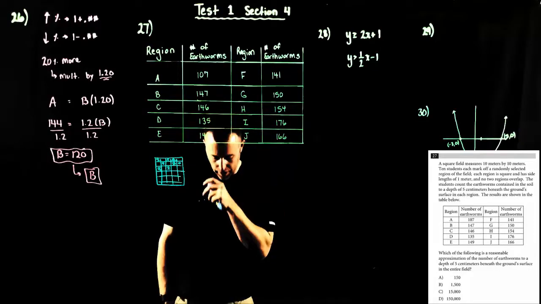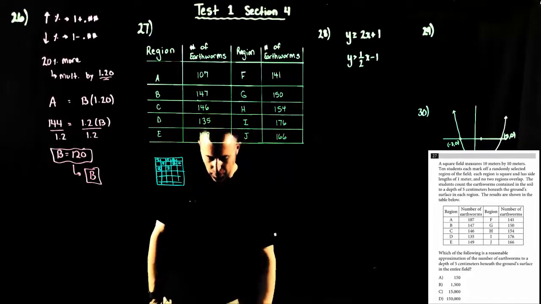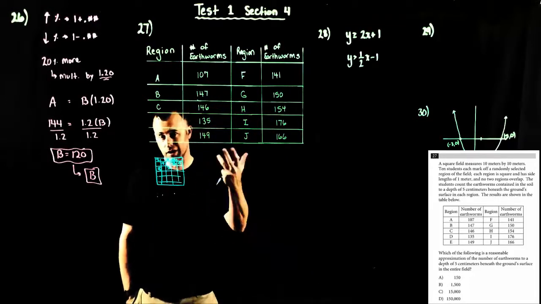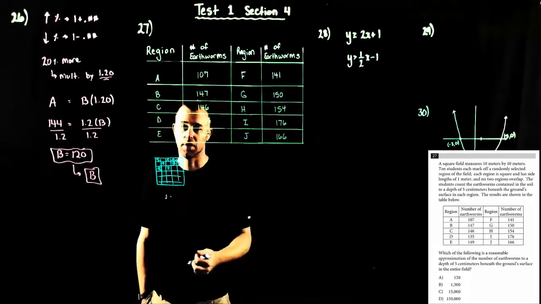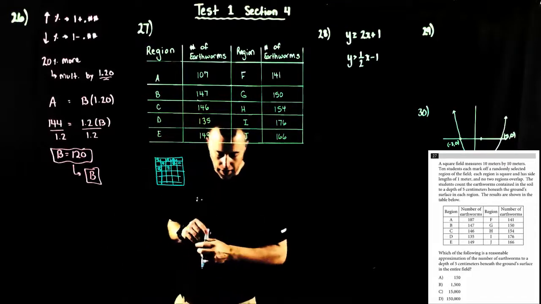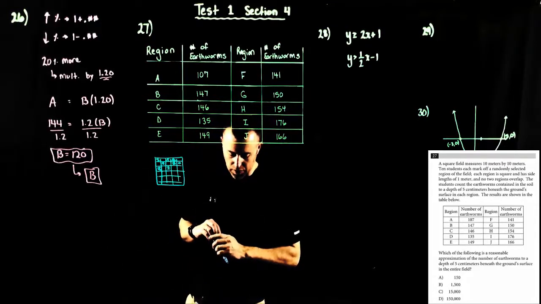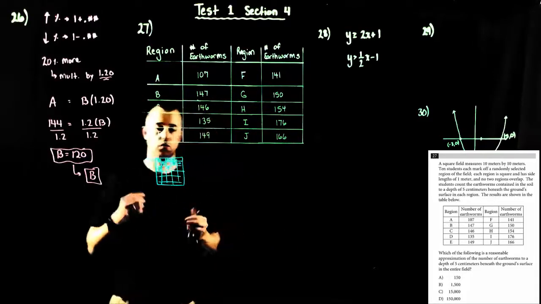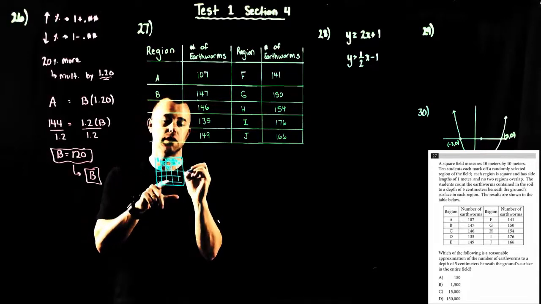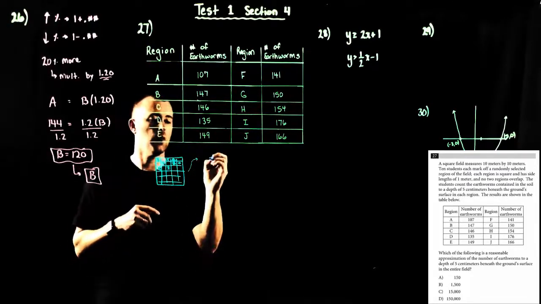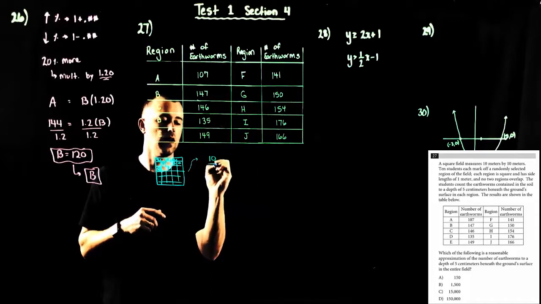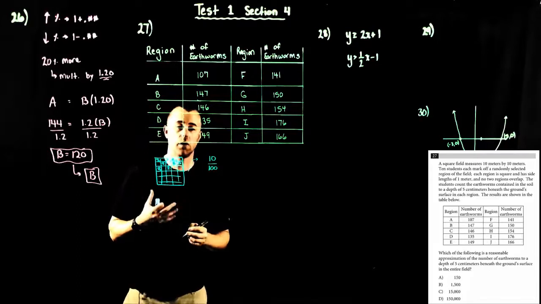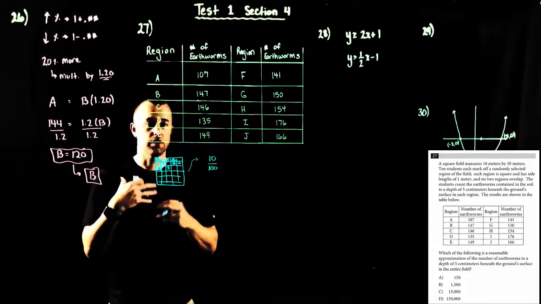So from that information, which of the following is a reasonable approximation, because you're going to have to use the sample to guesstimate the final amount, for the number of earthworms to a depth of 5 centimeters in the entire field. So here's what I know. Right now, I have 10 out of 100 squares that I have data from. I want to know how much the entire field holds.